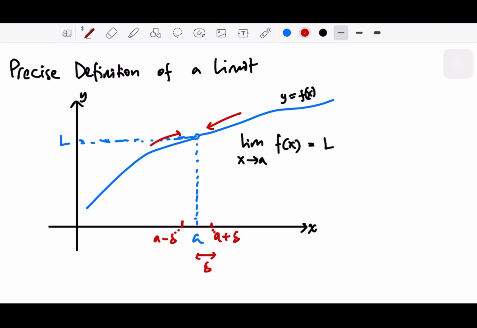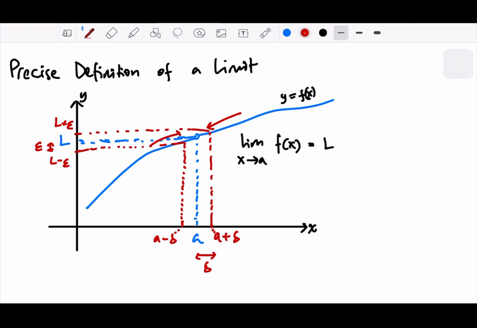Okay. And because of this, we can take these two distances to the function, and we know that there will be another distance around L. So from the distance of delta, we have another distance around L here, which we call epsilon. So this is L minus epsilon, this is L plus epsilon.